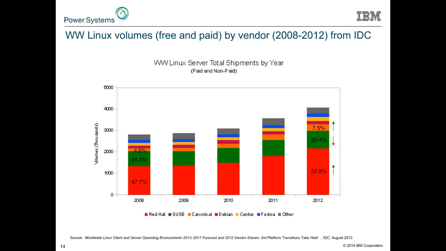SUSE, while they've grown by volume slightly, is actually down in their overall market share, down to just over 20%, from 24.5. And Ubuntu has grown from 4.5% of the market to now 7.5% of the market. So they've not quite doubled, but had significant growth in what they've been taking on in the marketplace.